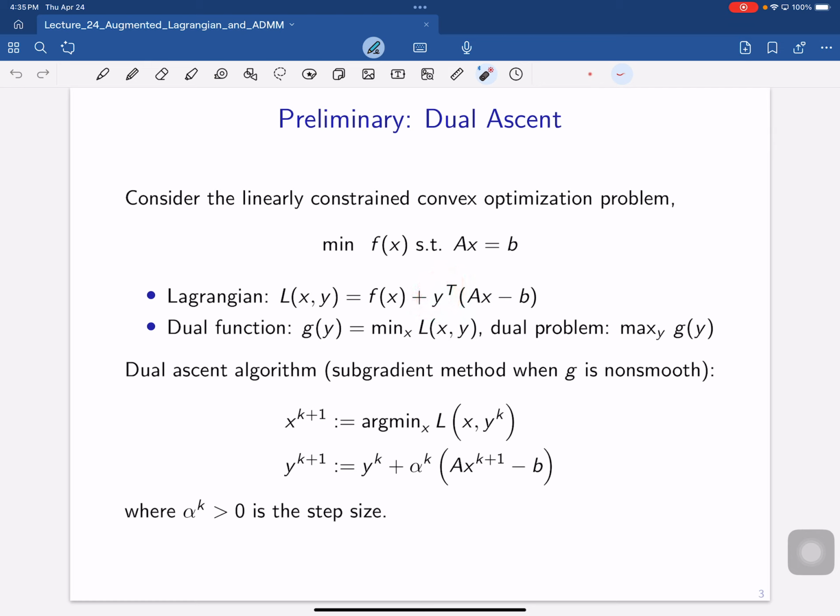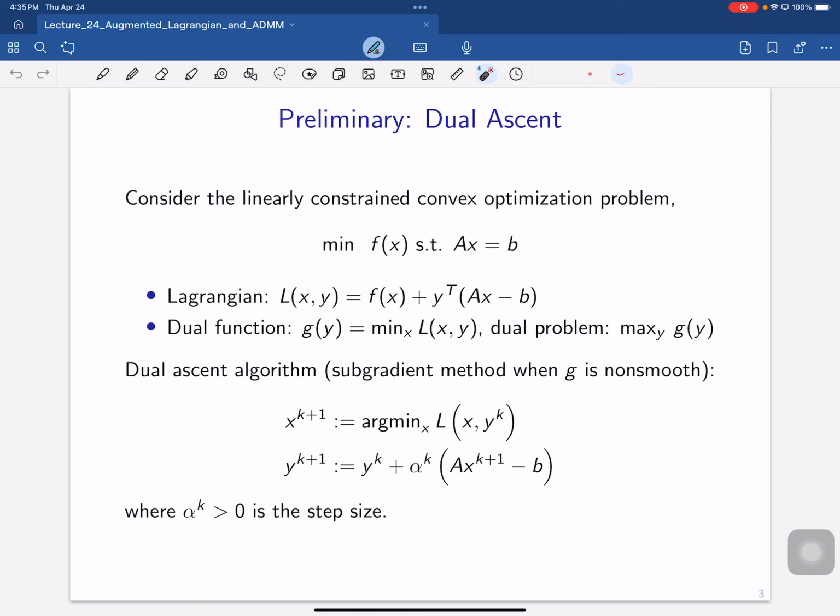You can define the dual function as the minimum over x of this Lagrangian L(x, y). And the dual problem is to maximize over y, trying to get a dual multiplier that gives you the tightest bound.